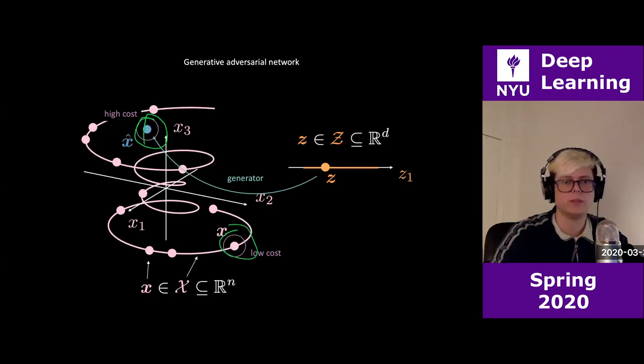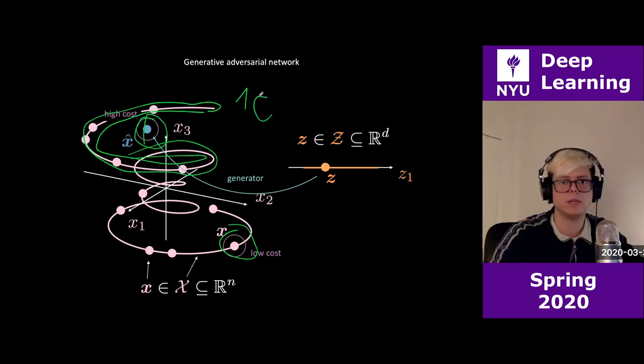All you have is a cost network, which is telling you whether you are on this kind of thing here, right? It's going to be ugly, but okay. There's a cost network that is going to tell you, in this case, plus 10 here, and then it's going to tell you, let's say, 0 here. In the other case, you have a generative network here, which is mapping this input down to here, right?